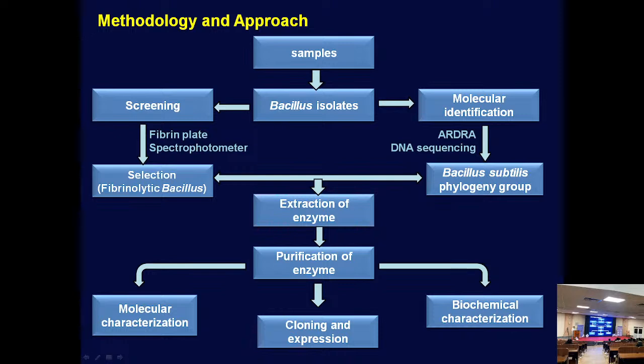They are screened for fibrinolytic activity, and the selected one goes to a second round. The extracted enzyme is purified and further biochemically characterized, and gene coding and expression work is going on. After that, we also do molecular characterization of this enzyme.